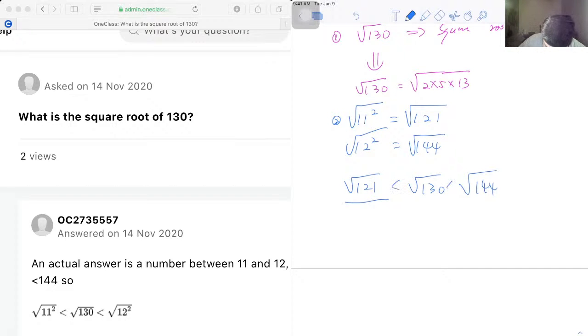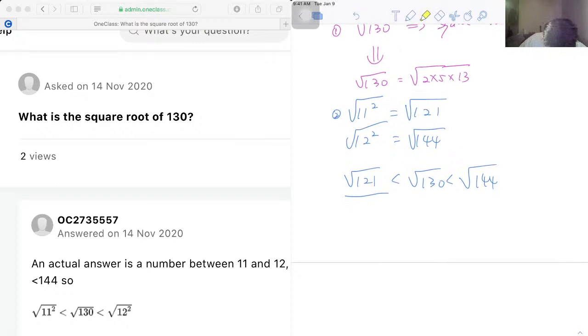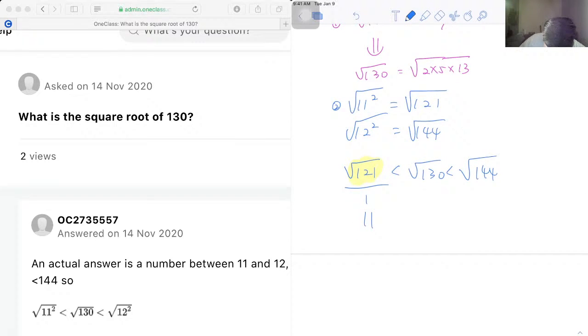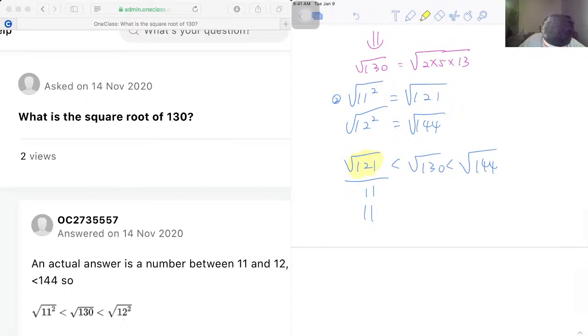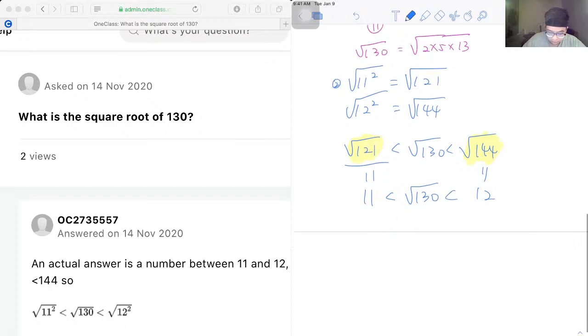We also know that root 121 is equal to 11, and the square root of 144 is equal to 12. So we have 11 is less than root 130 is less than 12.